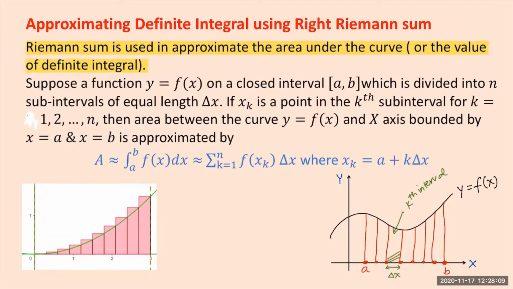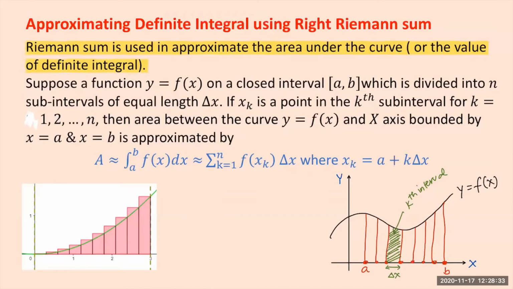And the height of the interval in the kth position will be f of xk, because our function is f of x. So the area of this kth interval will be delta x multiplied by f of xk. If we find the area of all of them and add together, that will be the Riemann sum, or the approximate area.